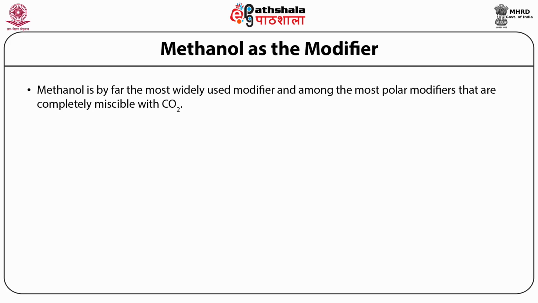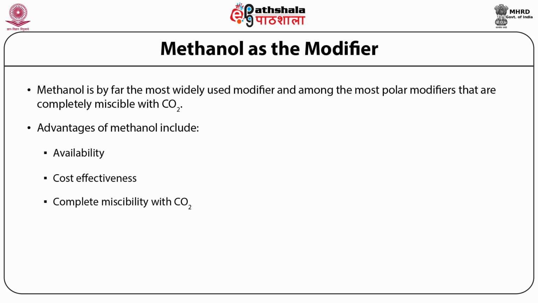Methanol is by far the most widely used modifier and amongst the most polar modifiers that are completely miscible with carbon dioxide. The advantages of methanol include availability, cost effectiveness, complete miscibility with carbon dioxide, low UV cutoff, and relatively low toxicity.